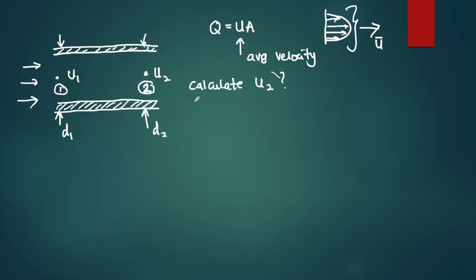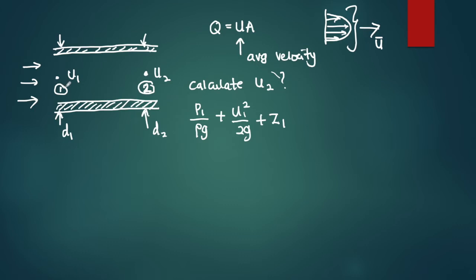After you select the points, you directly apply Bernoulli's principle at both points. We have to calculate the amount of energy at point 1. P1 over rho g is pressure energy, plus U1 squared over 2g is kinetic energy, plus Z1 is potential energy. This is the summation, the amount of energy at point 1.